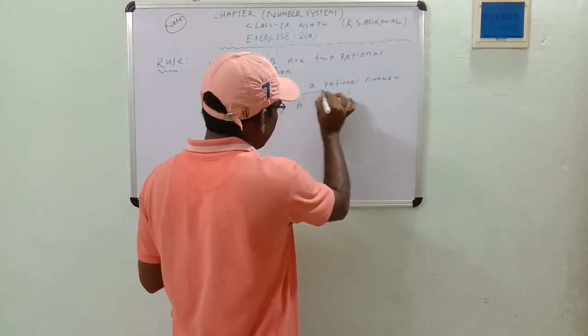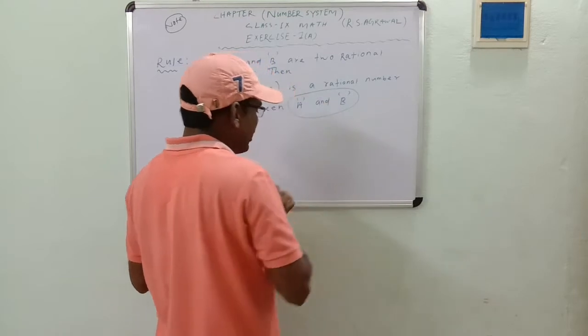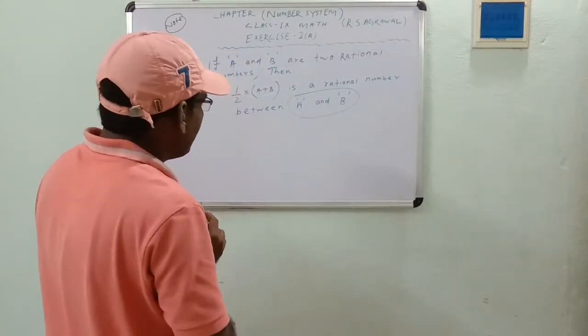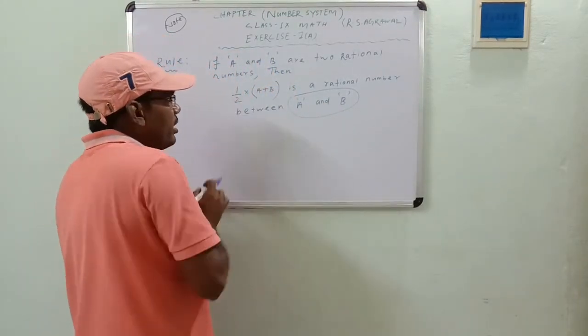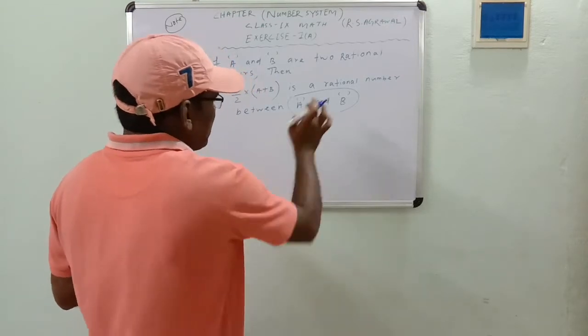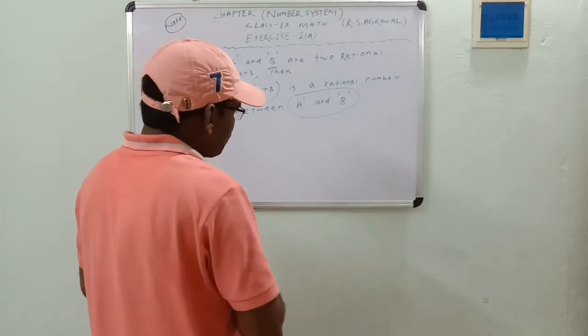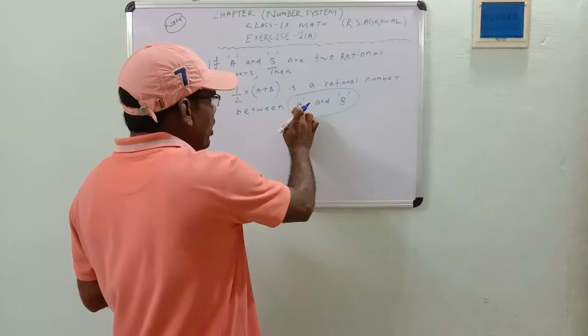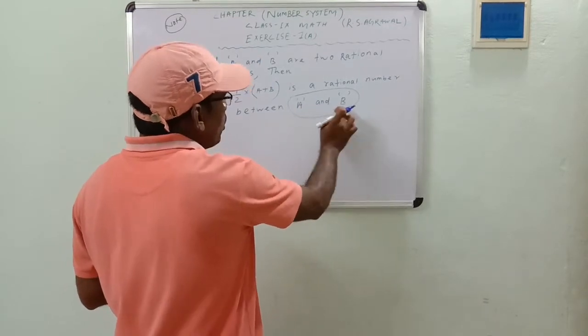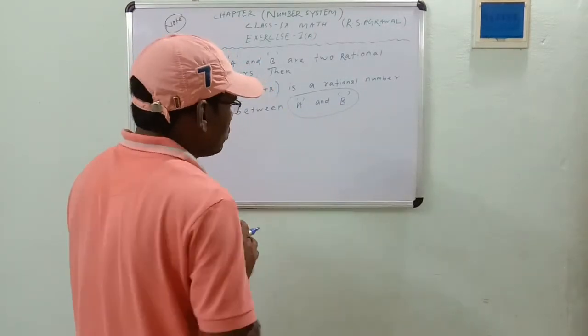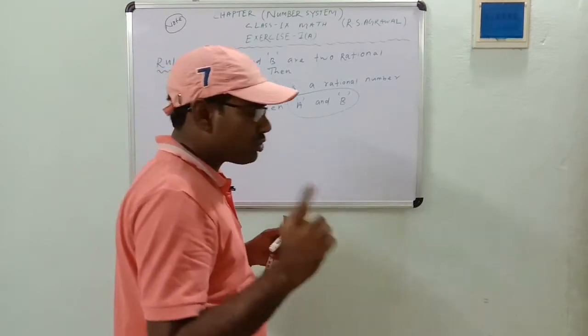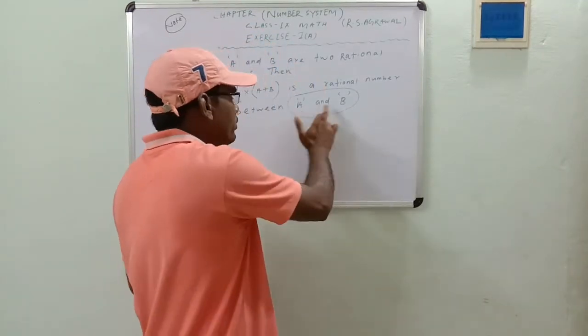Between A and B, these two are your given rational numbers. From this you are clear that the rational number that you have to find out between these two will be the middlemost rational number of these two.